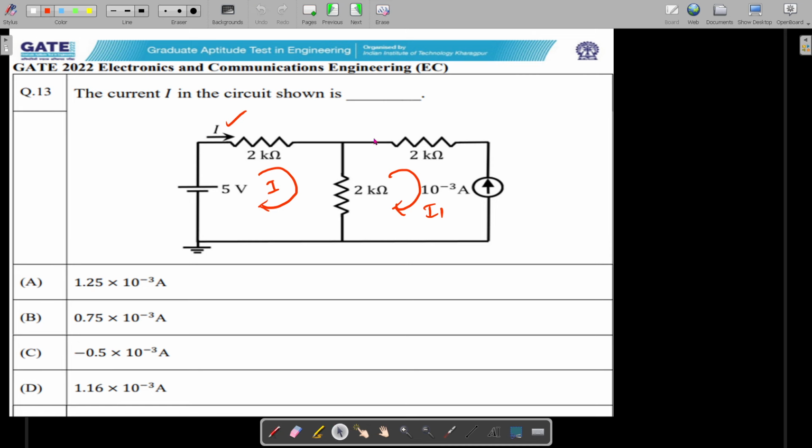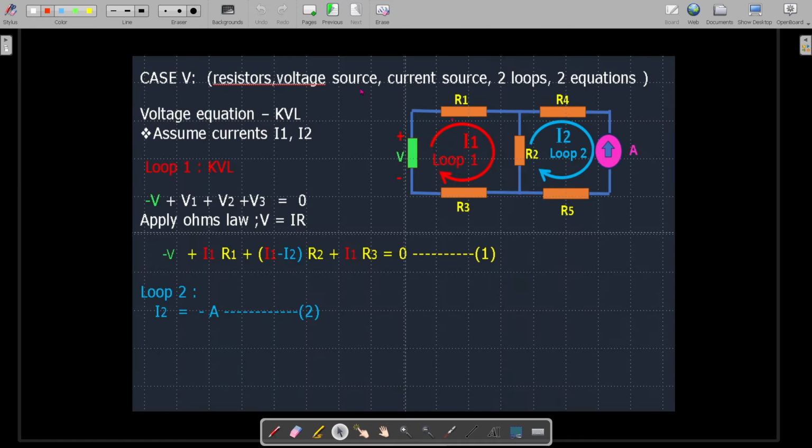Before solving this problem, let's have a quick recap on how to solve it. This is taken as case 5 in mesh analysis, which I have explained in detail in some other video. It consists of resistors, a voltage source and a current source, with two loops, so two equations can be formed. That means two unknowns are there, right? If you want to write the voltage equations, it comes under mesh analysis, so KVL, Kirchhoff's voltage law, is to be applied, and we are assuming two currents here.